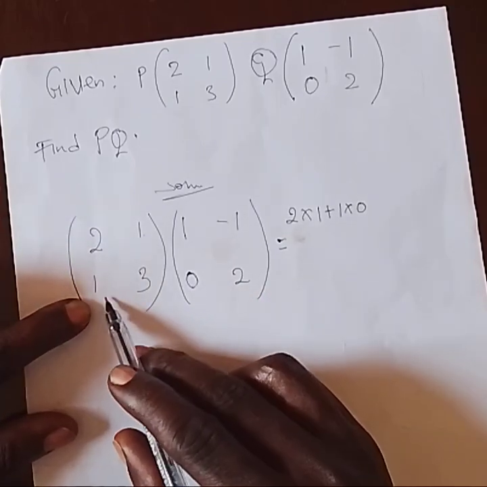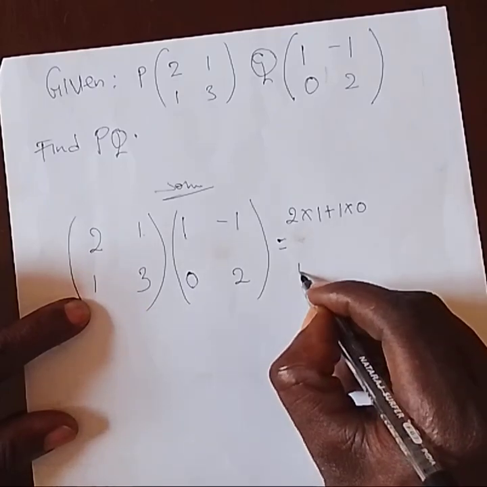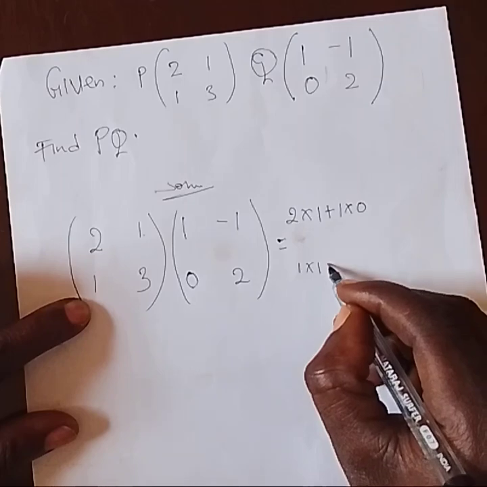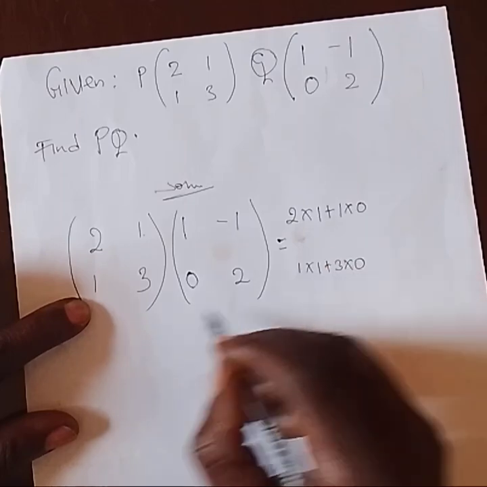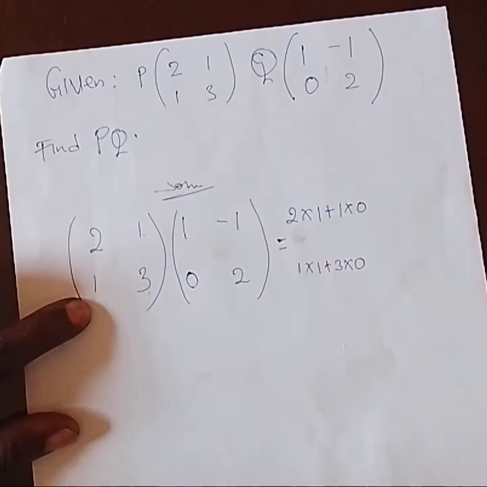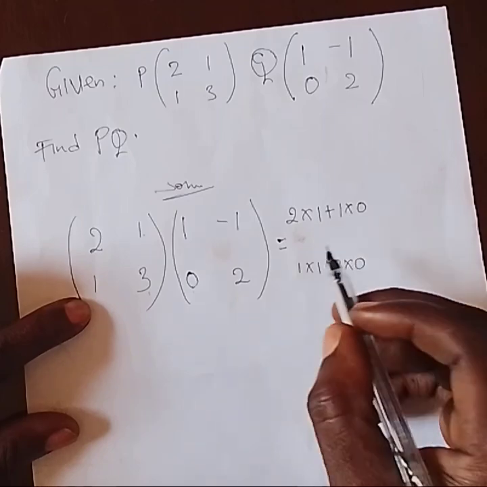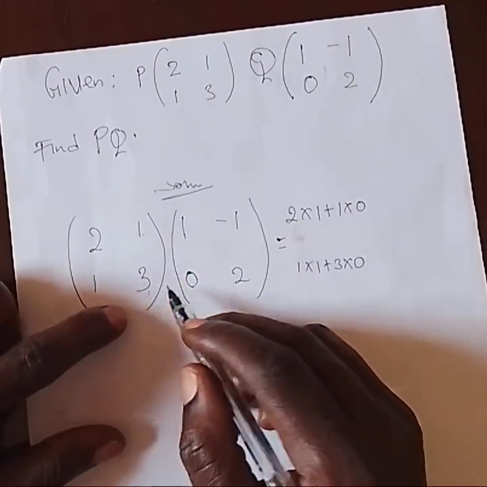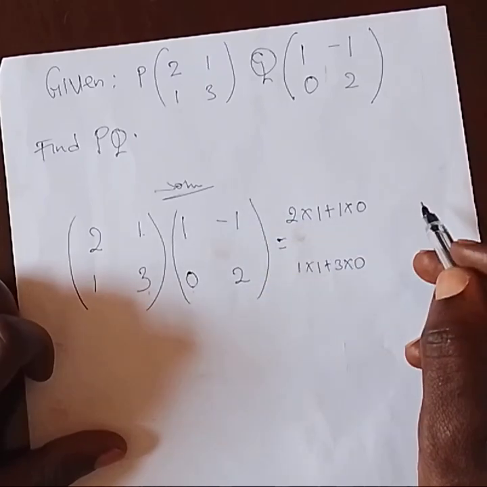Then we come down. Here also we shall multiply. This is 1 times 1, plus 3 times 0. That's how you're going to do your multiplication. Then we go to the next column on our Q side.